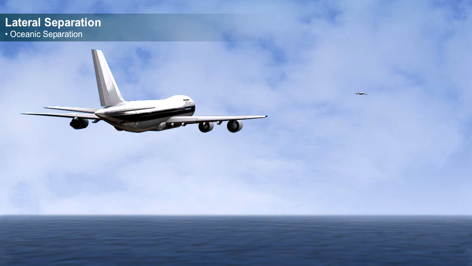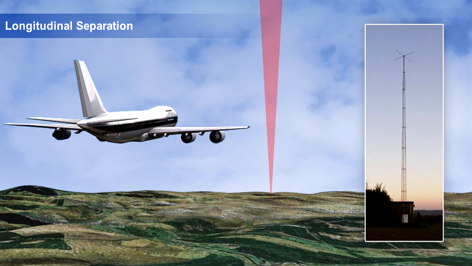And next, we will look at longitudinal separation in the horizontal plane. Longitudinal separation is the most complex application of the separation standards. You will recall that aircraft under procedural air traffic control are not under radar control.